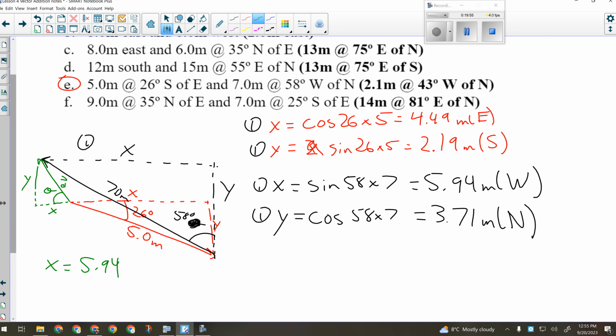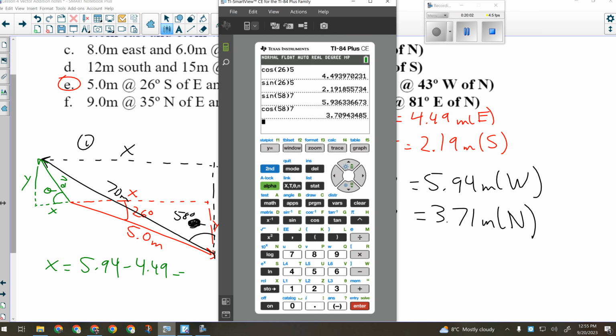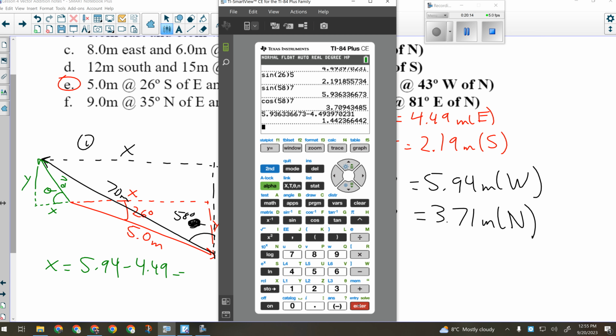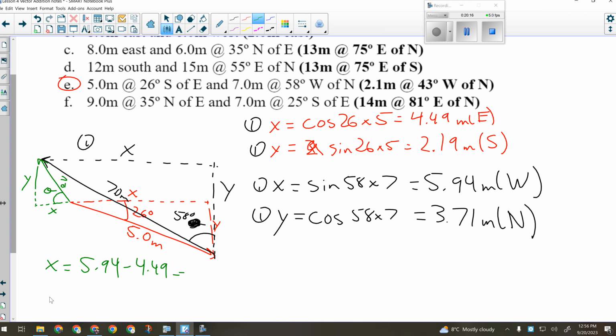So my resultant's x is going to be 5.94 meters west minus 4.49 meters east. But I'm actually going to use all the decimals. So we're looking at 1.44 meters west. Then I've got to do the same thing with green y.